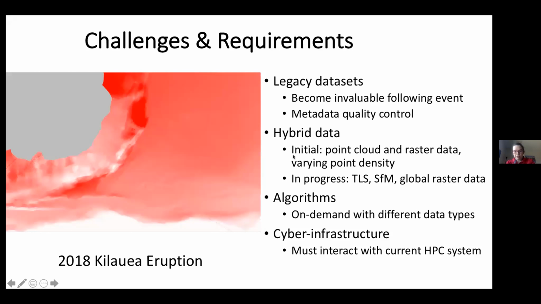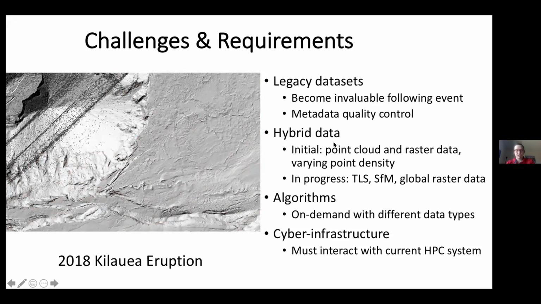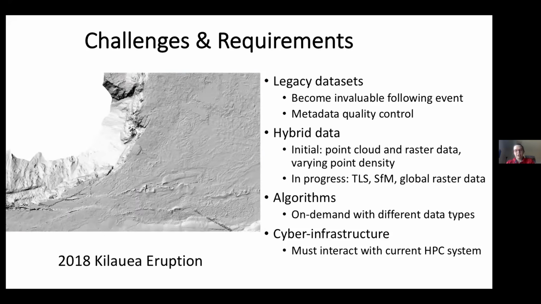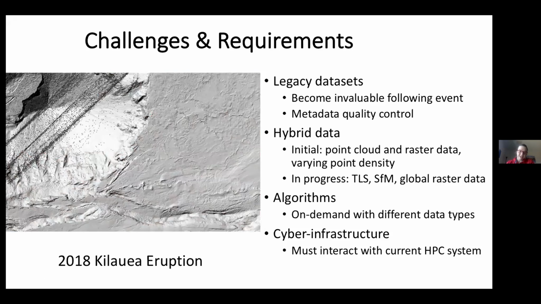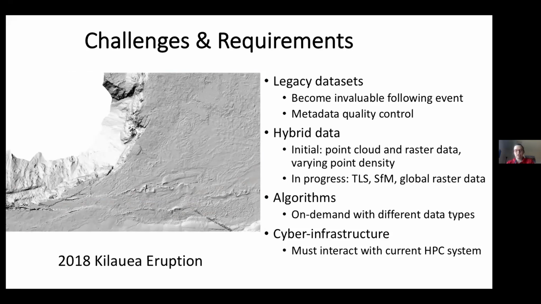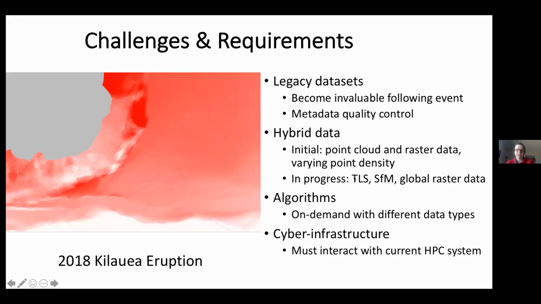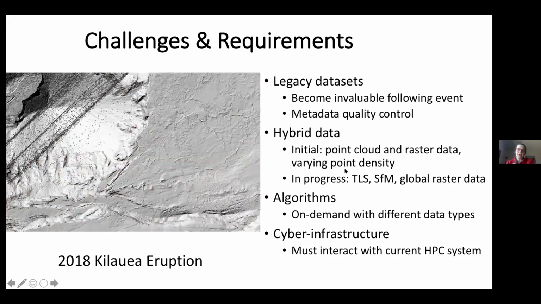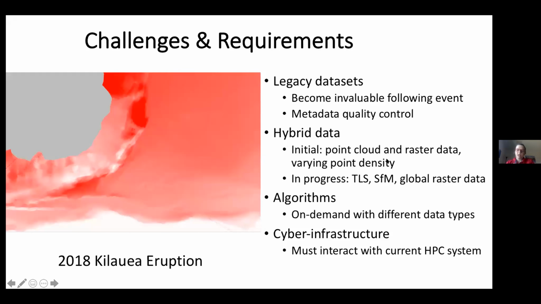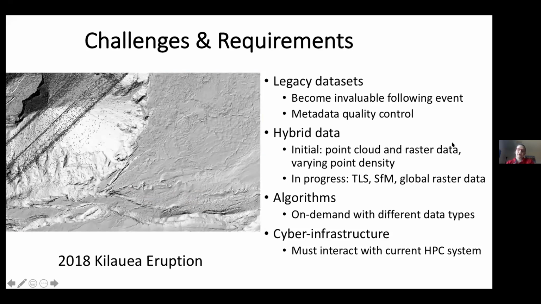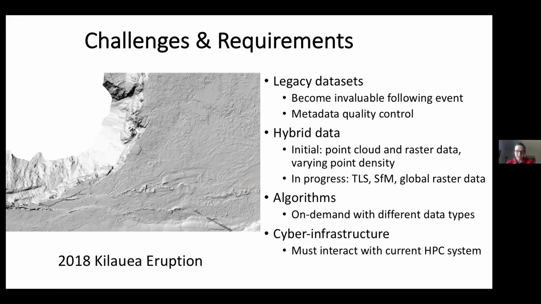In the topographic differencing, we've implemented differencing of hybrid data. So hybrid data are data sets with very different characteristics, such as point density, or different data types, such as structure from motion and Lidar data. So initially, we implemented differencing with point cloud and raster data that could have varying point density.